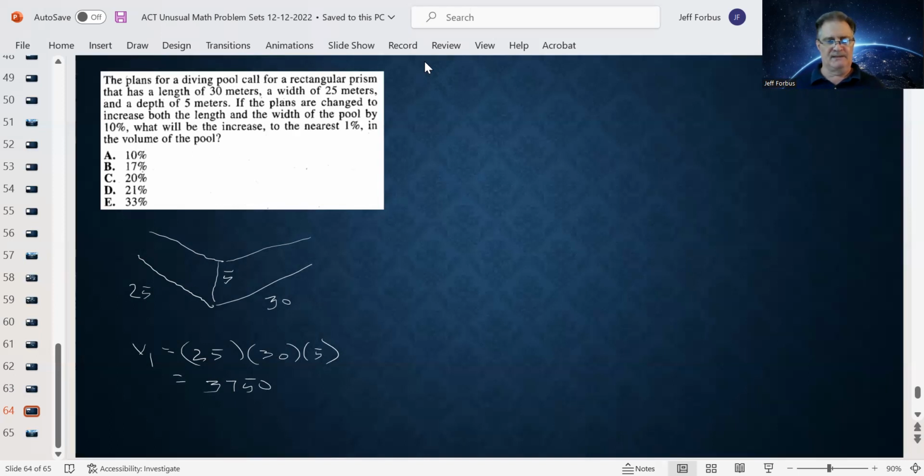Now, if we increase each side by 10%, the new values are going to be a little bit larger. So the 25 becomes 27.5. The length becomes 33. And this depth stays 5.